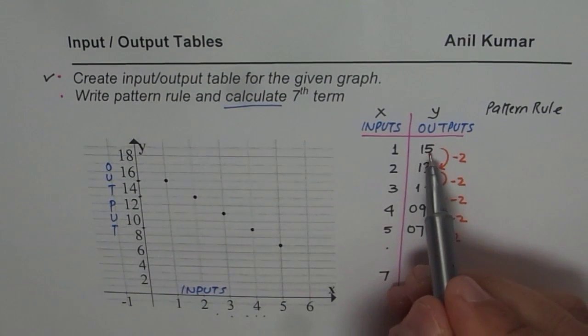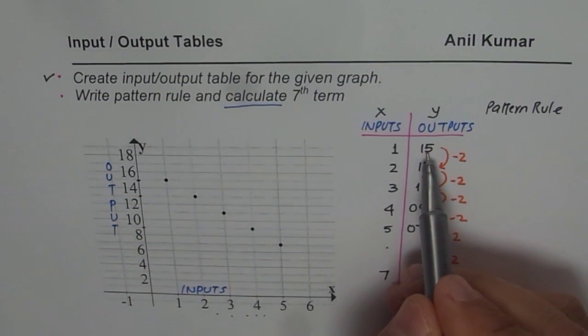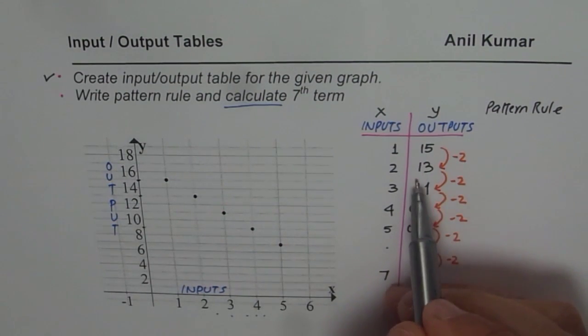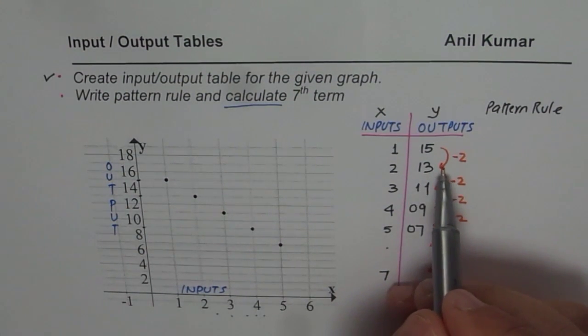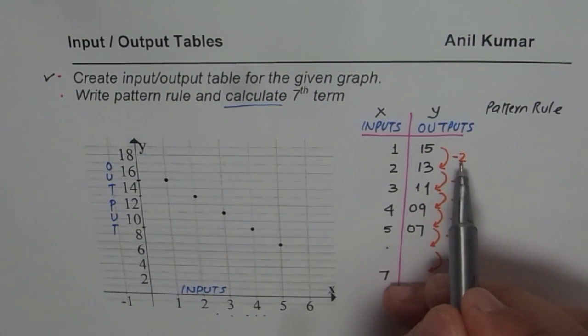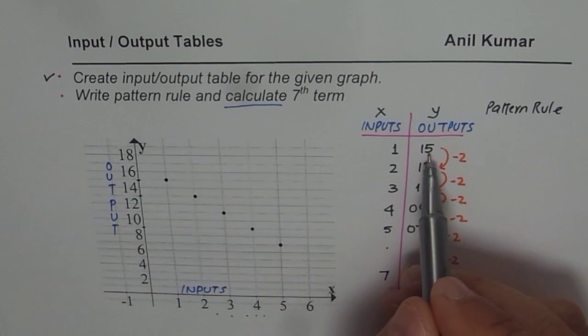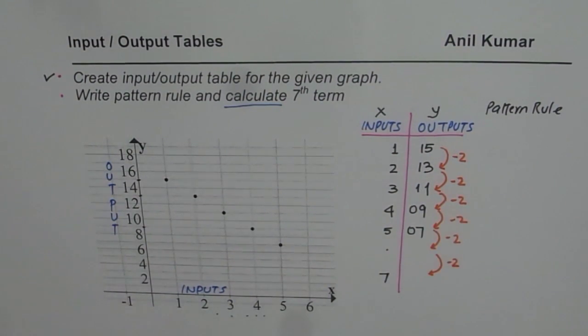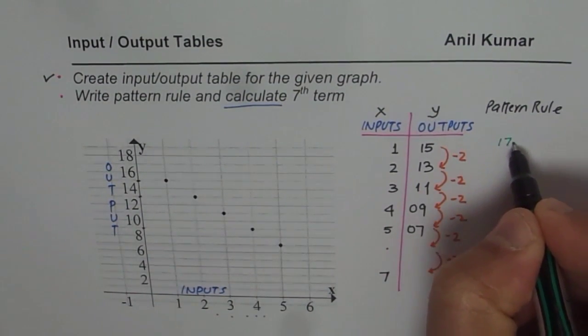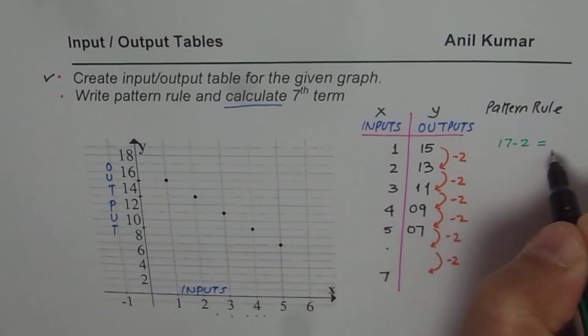Well, you start with 15 and each time you decrease by 2 to get the next number. That is a rule. Now if I multiply 1 by minus 2, I get minus 2. How do I get 15? The number we could use to get 15 is 17, because 17 minus 2 is 15.